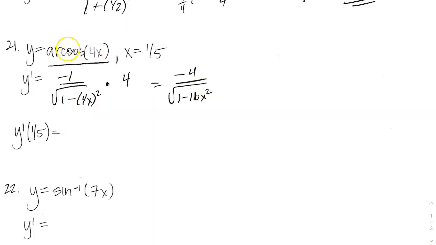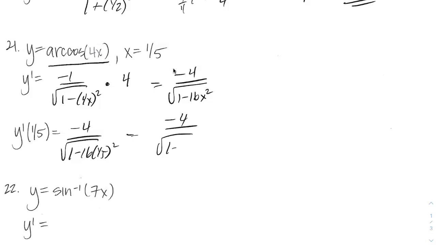So this is the derivative of that. Now we're going to plug in 1 over 5. So negative 4 over square root of 1 minus 16 times 1/5 squared. Not as bad as it looks. 1 minus 1 over 5 squared times 16 is 1 over 25 times 16. So I get negative 4 over common denominator 25, so 9 over 25 over 16.